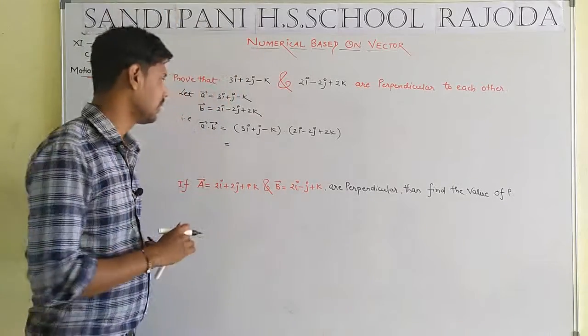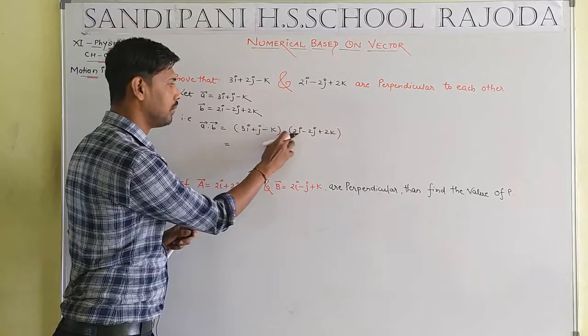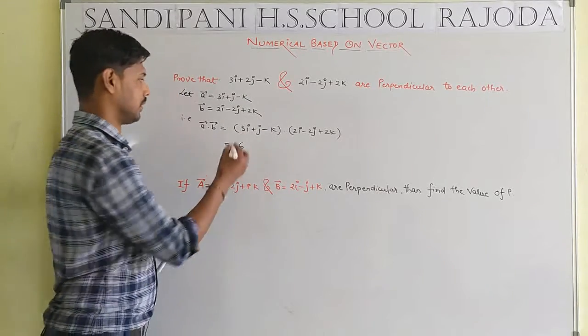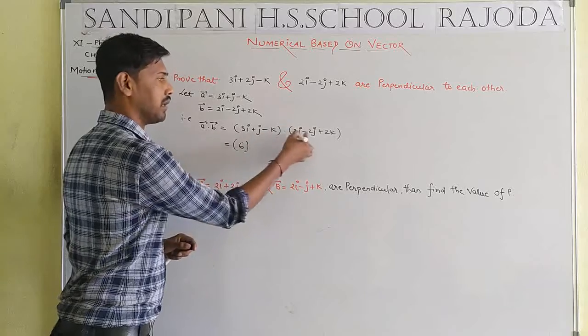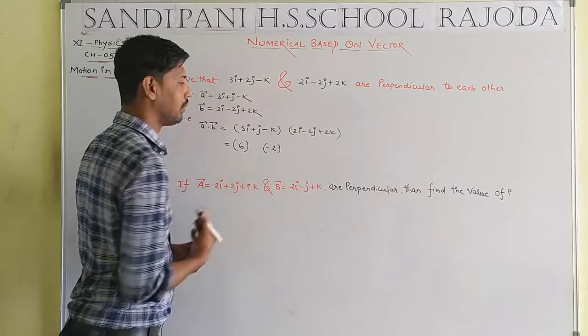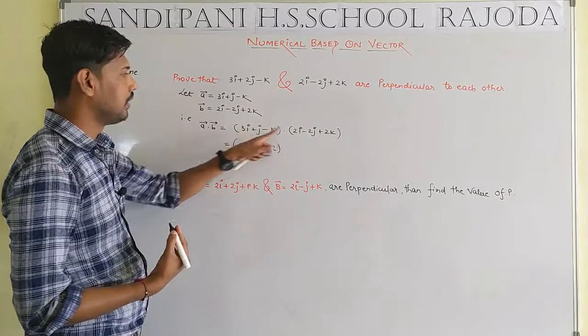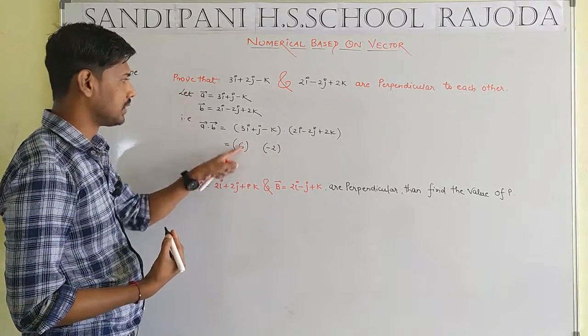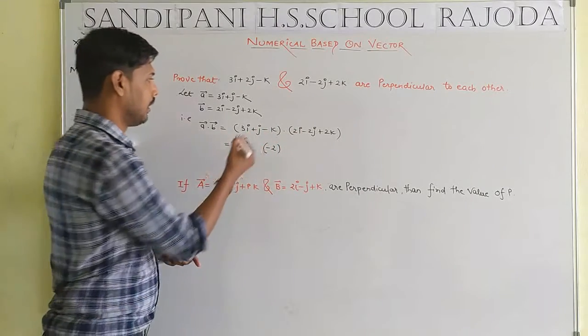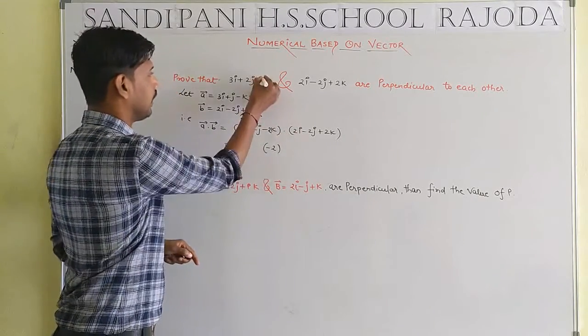Remember, student, i will be multiplied by i, 3 into 2 will be equal to 6. j will be multiplied by j, then we get minus 2. k will be multiplied by k. Okay, 3 into 2 will be equal to 6. These will be equal to 2 and again 2k here.